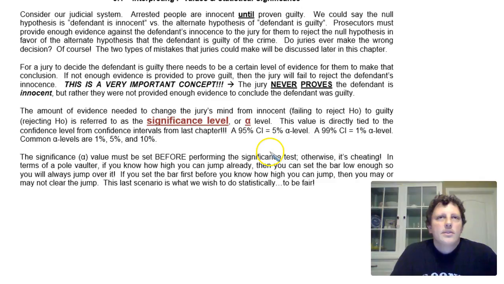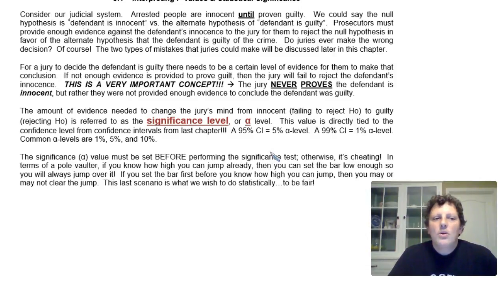So we've been talking about how to write a hypothesis, and now we're going to move to another part of this process, which is interpreting p-values and statistical significance. I want you to think about our judicial system. Arrested people are considered innocent until they're proven guilty.